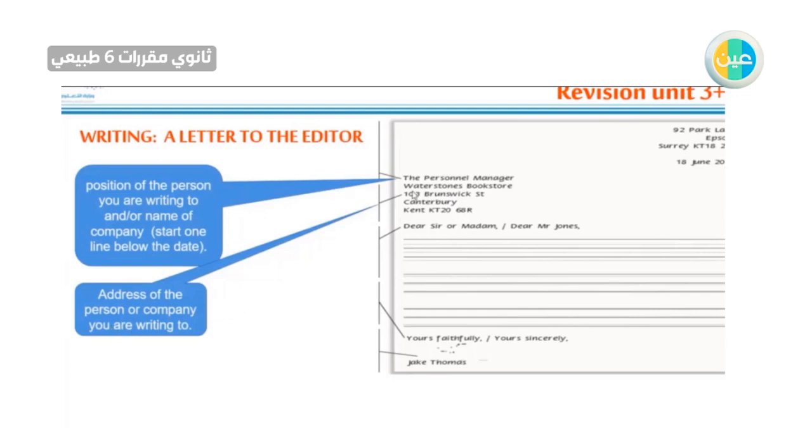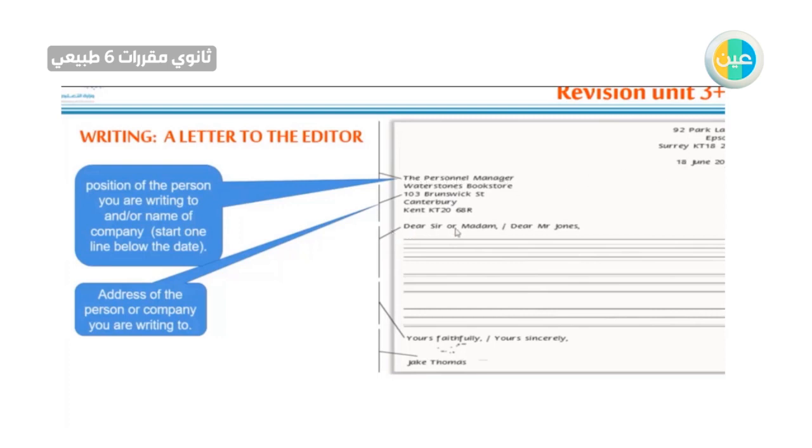Okay, and don't forget that when you write the position of the person you are writing to and the name of the company, start one line below the date. Where is the date? Yes, the date will be on the right side. This is the date. So when you start the position, the name of the company, go a line below, not at the same line, please.